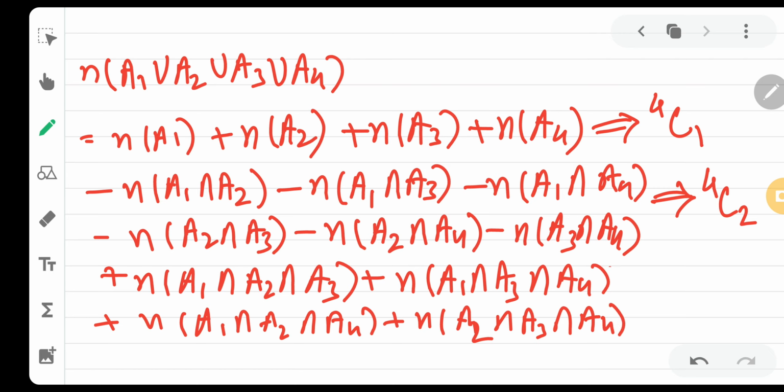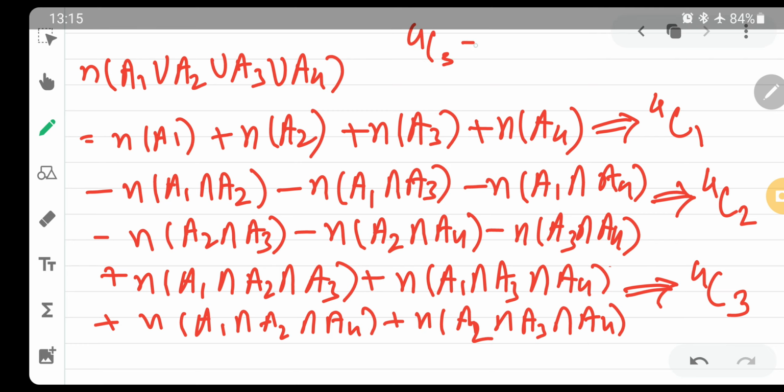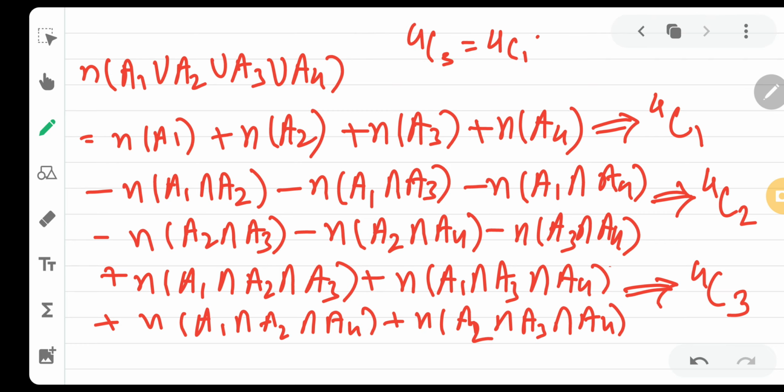No more possibilities there. Now we have taken 3 sets for intersection, so there have to be 4C3 possibilities. Let me calculate 4C3. 4C3 comes out to be 4C1 only, which is nothing but 4. Let me check whether I have written 4 elements: 1, 2, 3, 4. Yes, I have written 4 elements.